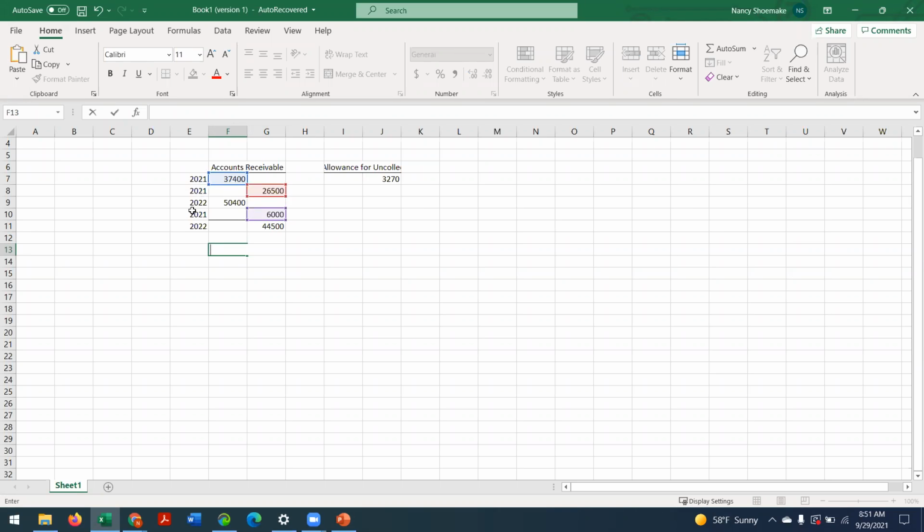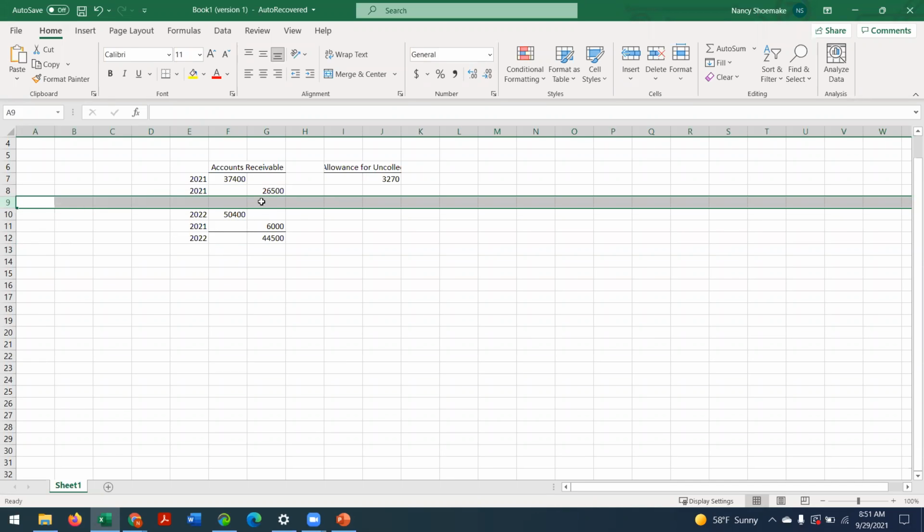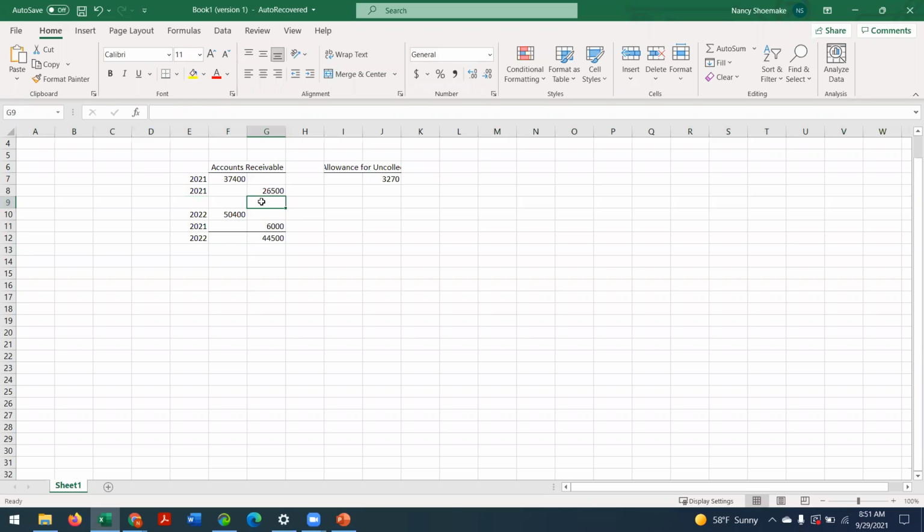And there's one journal entry I didn't put in that I need to. It was when we wrote off the rest of the bad debt. That equals 37,400 minus 26,500 minus 6,000. We wrote off 4,900. Remember how this 4,900 was a debit to allowance for uncollectible? And we credited accounts receivable for 4,900.